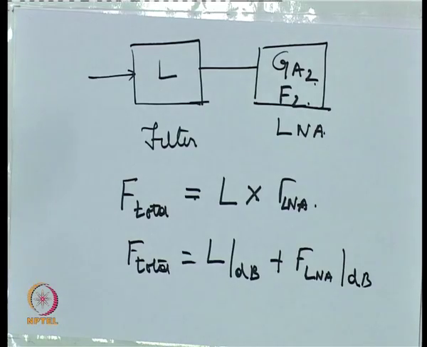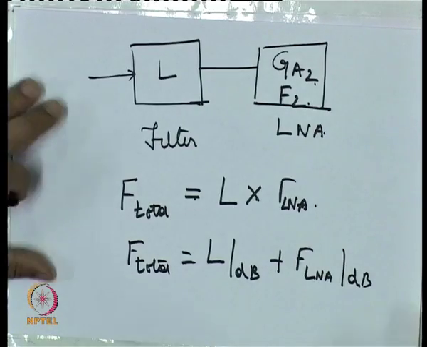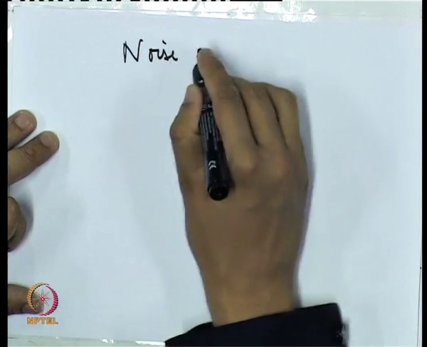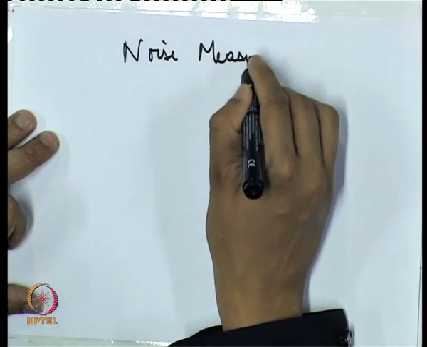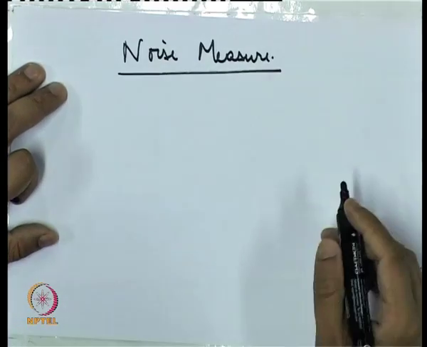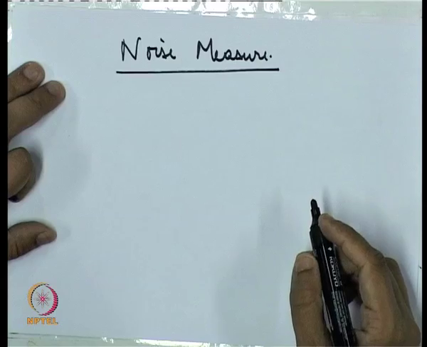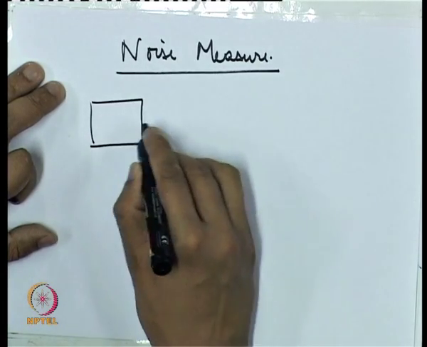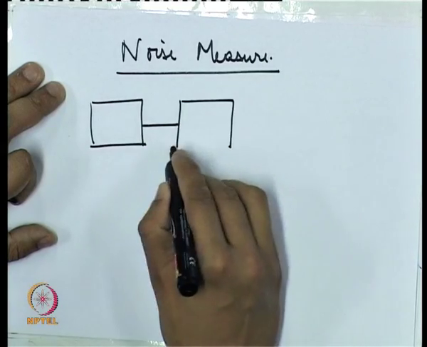A related concept is what is known as noise measure. Noise measure is a quantity introduced because of the problems in determining which stage contributes more. This problem arises especially when we have two cascaded stages.